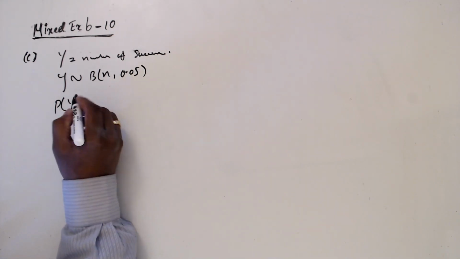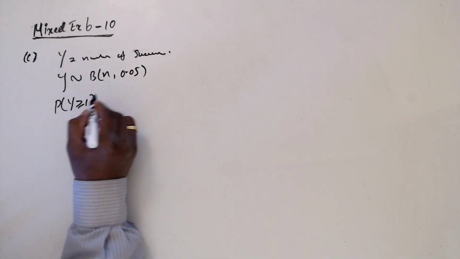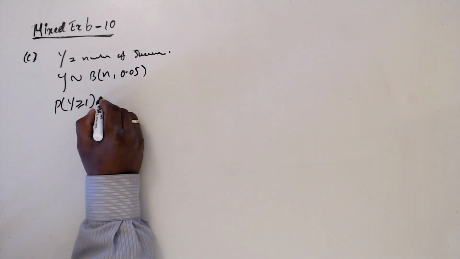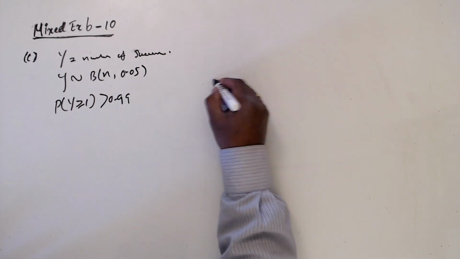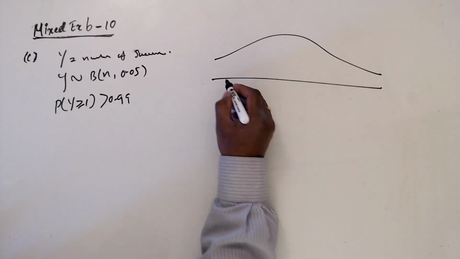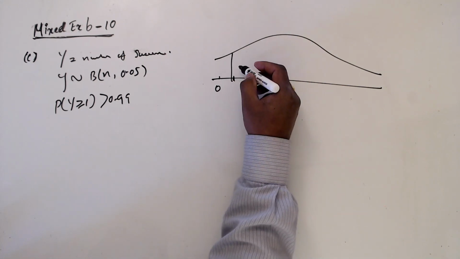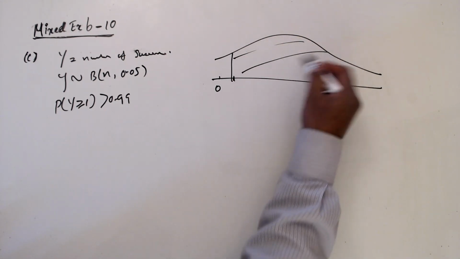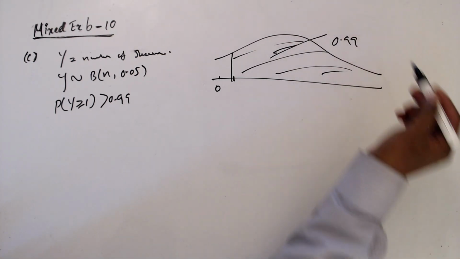The probability of y greater than or equal to 1 should exceed, it means minimum 0.99 or more than that. So when you draw a number line, 0 is here, 1 or more, this area has to be greater than 0.99.